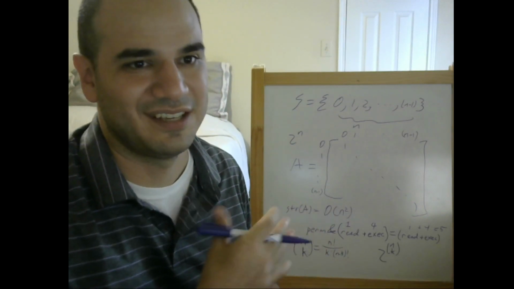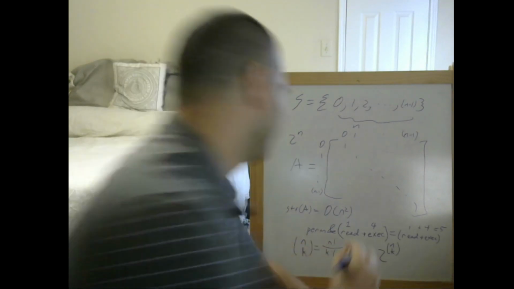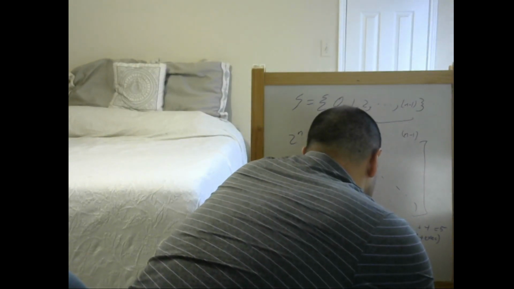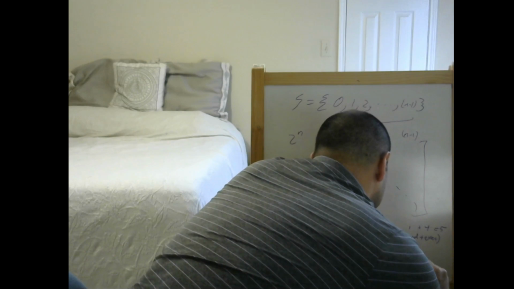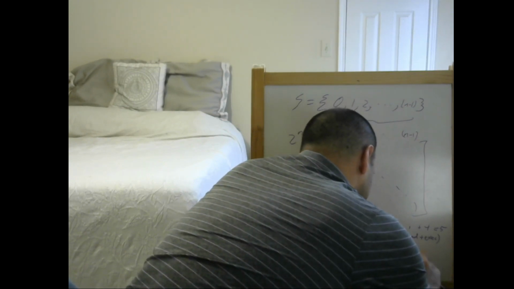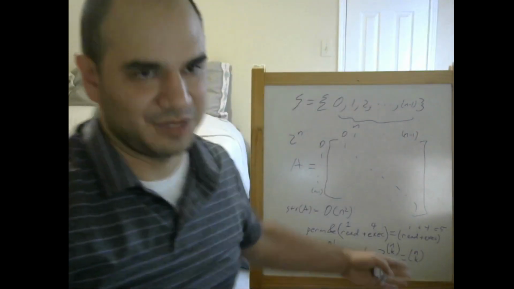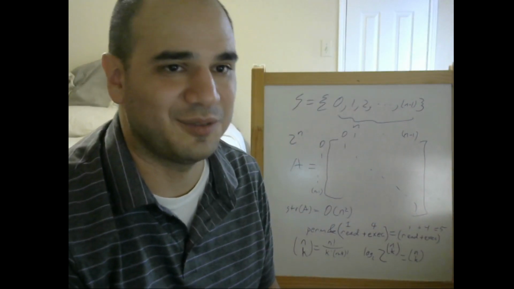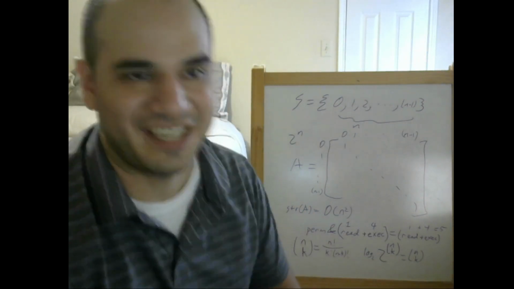So we would take the log base 2 of the number of leaf nodes that it needs to support, which is n choose k. So our runtime will be on the order of n choose k.